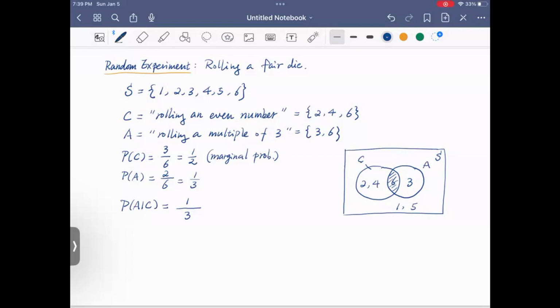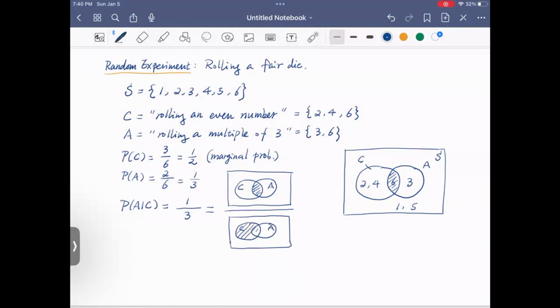And if we use a Venn diagram to show the probability, it should be something like this. The numerator should be the intersection of A and C, and the denominator should be C itself, because we know that C already occurs. So this is the conditional probability of A given C. Then let's use a Venn diagram to show the probability of A, the marginal probability, which is also 1/3.